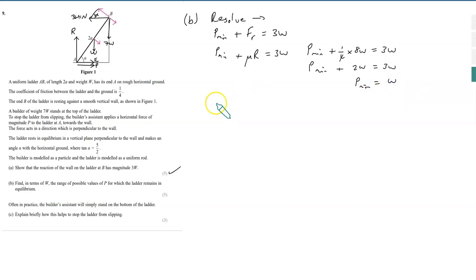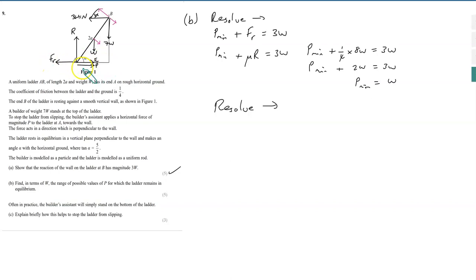Now, we're going to resolve again horizontally, but this time the friction is going to be acting in the opposite direction. So, for all intents and purposes, I'm going to put friction on this foot of the ladder here. I'm just going to call that FR. So it's either going left or right.